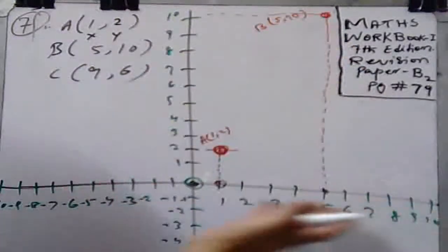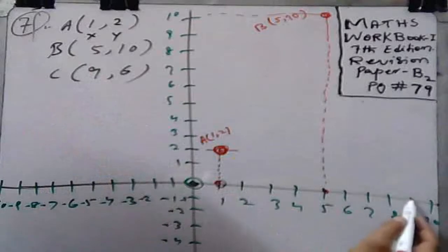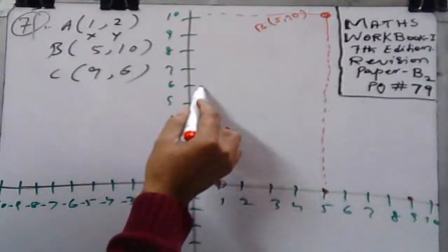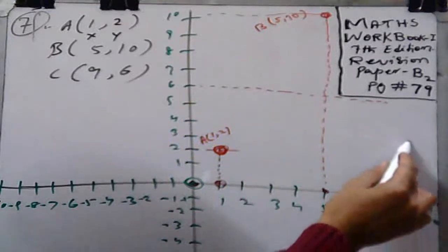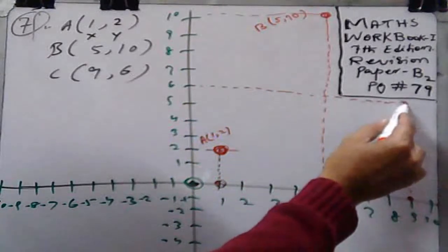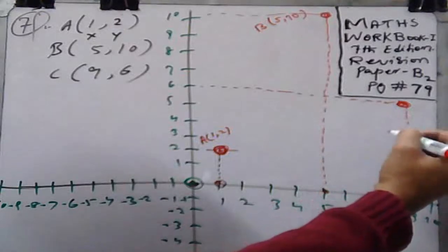Now point C is 9, 6, so the value of C is (9, 6).